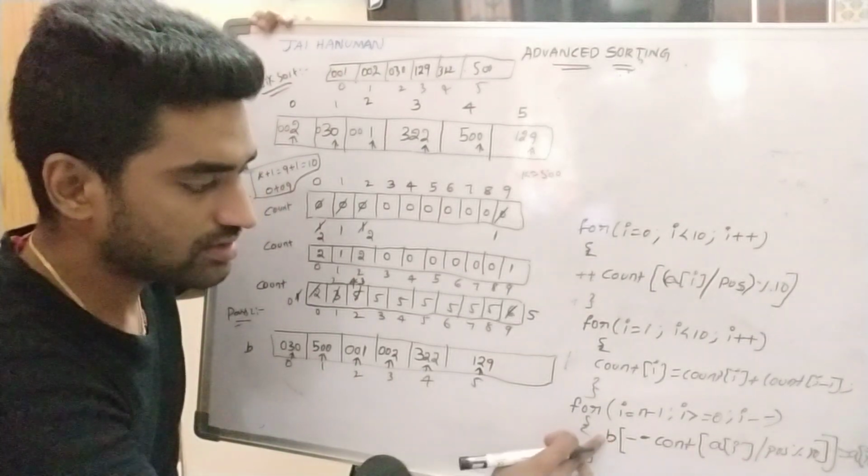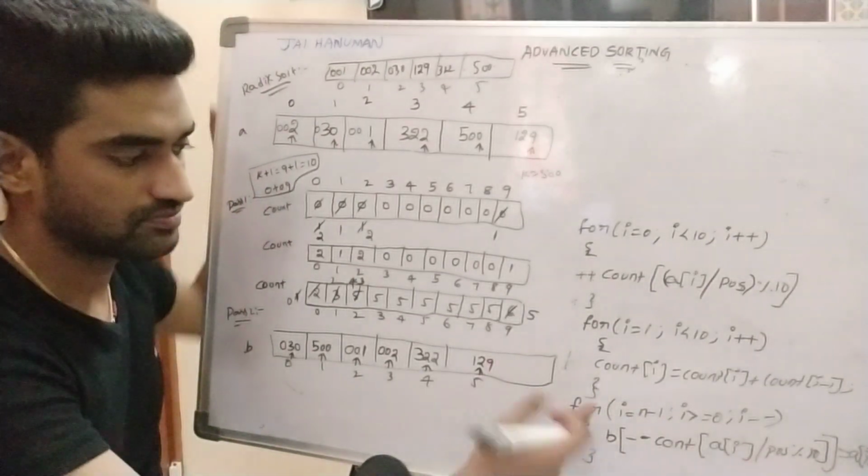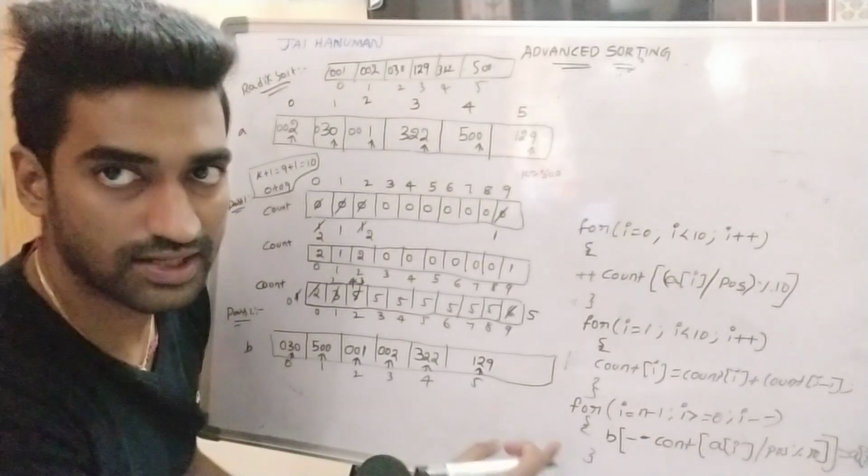Now finally the B array contains the output array, the output result.